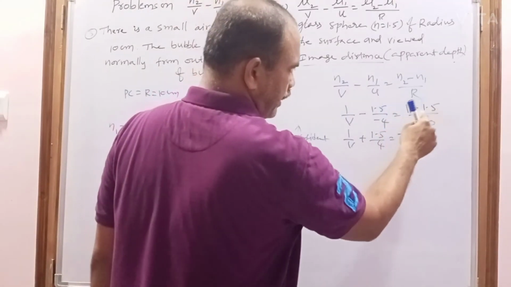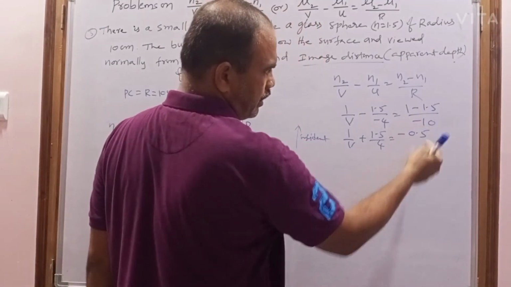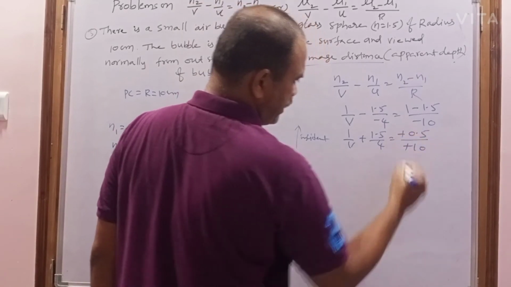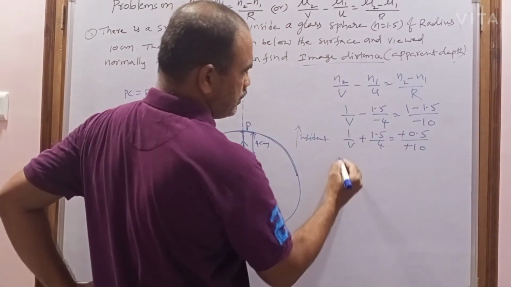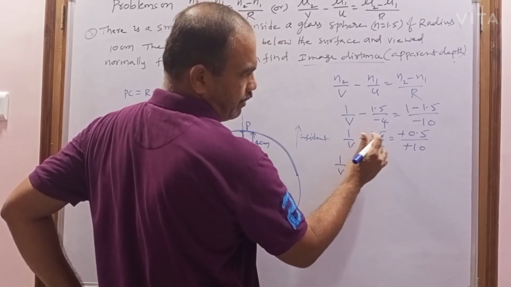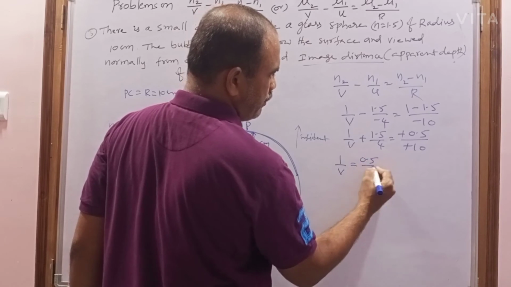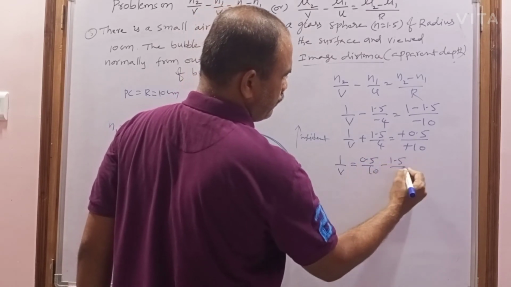This is plus, this is minus, the minus value will be more, so it is 0.5. Again the denominator is minus 10, so this minus will be cancelled. When I take 1.5 by 4 to the right side, it becomes minus. So 1 by v equals 0.5 by 10 minus 1.5 by 4.